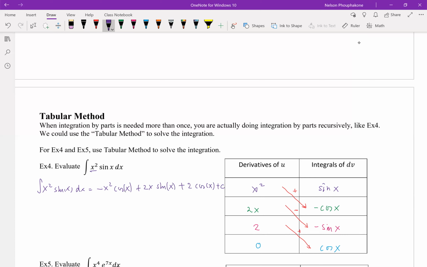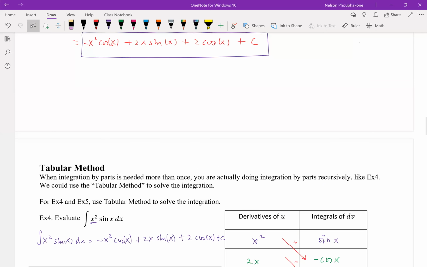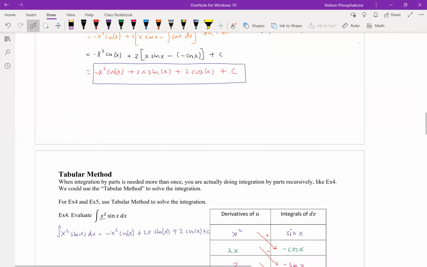Okay. Now let us compare the result. Then I have negative x squared cosine of x plus 2x sine of x plus 2 cosine of x plus c. Wow, that works, huh?